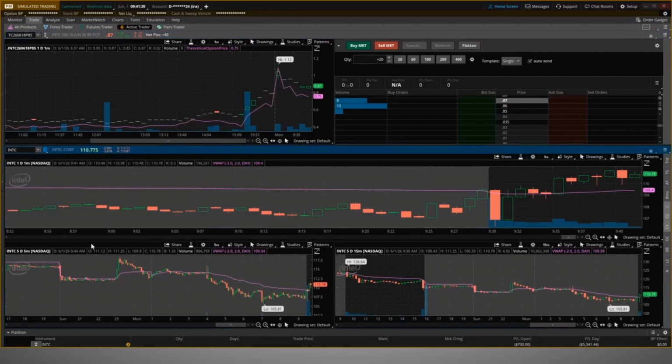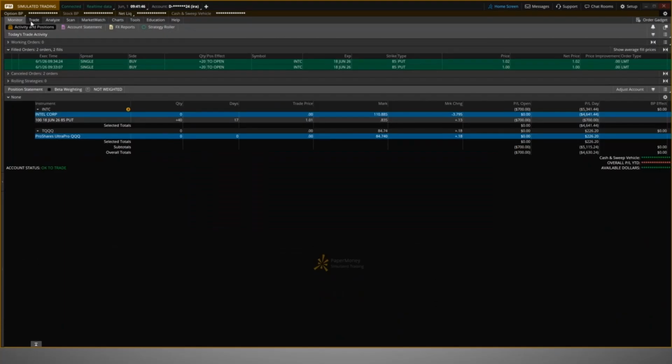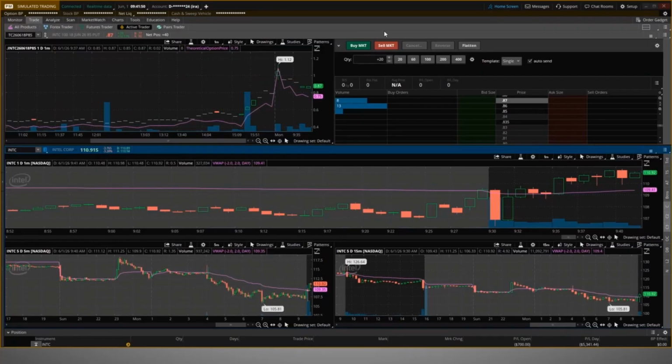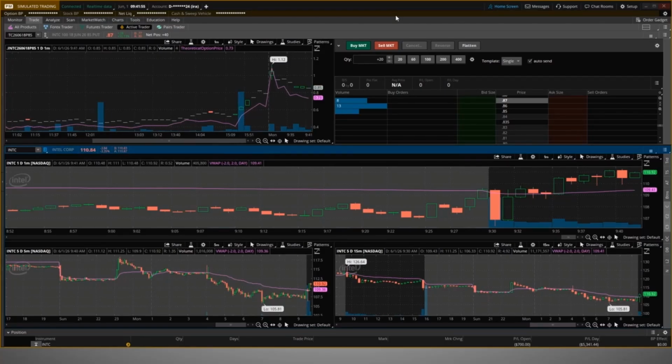So until I actually switch, even though it takes a lot longer to do manual trades, it's actually the safest method as opposed to using hotkeys.